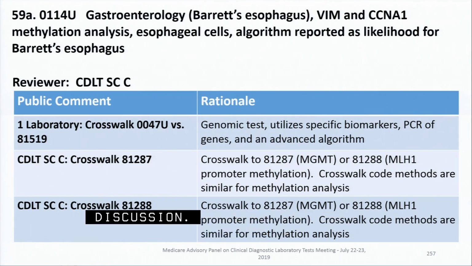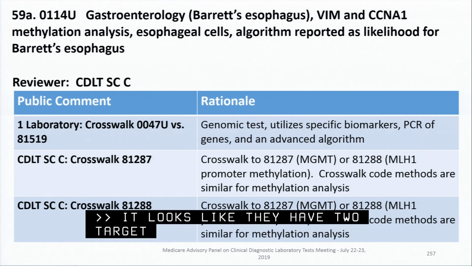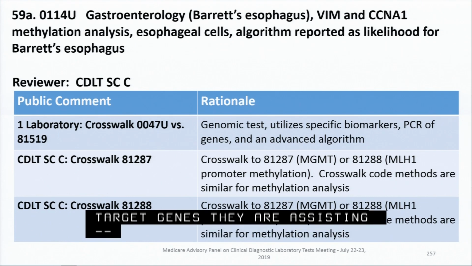Dr. Bossler? Dr. Lyon? So it looks like they've got two target genes that they're assessing methylation, and 81287 just targets a single gene. So would you take that times 2? Okay, so I'd recommend that we'd probably take it times 2.